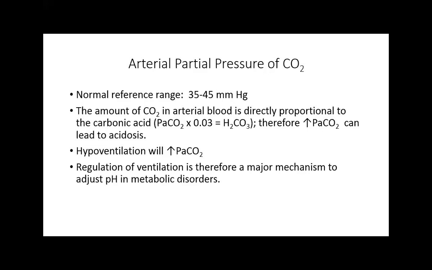Normal range is around 35 to 45 millimeters of mercury. We think of partial pressure of CO2, or PaCO2, essentially as an acid, because there's an equilibrium between CO2 and carbonic acid, and we can force the reaction one way or the other with carbonic anhydrase.